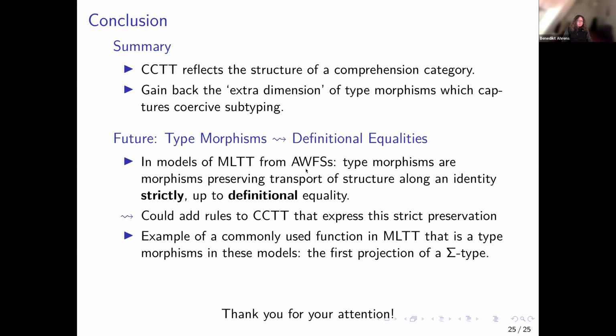Just as comprehension categories are a useful framework for studying other things, we hope that CCTT is a framework within which one can look for suitable refinements or restrictions to do something useful. Nobody would be interested in implementing CCTT as it is as a language; it's meant more as a framework.